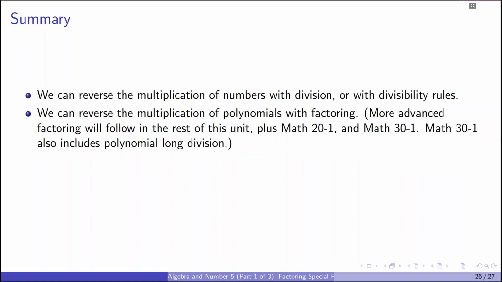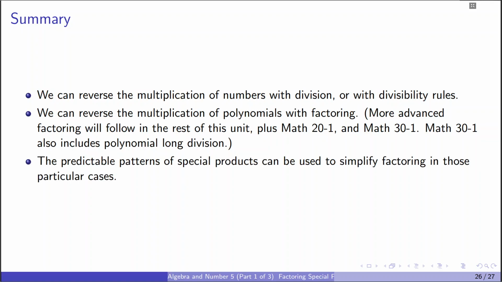For those outside Alberta watching the video, 20-1 is our mainstream grade 11 course, 30-1 is mainstream grade 12. Yes, we have interesting naming conventions and numbering conventions. So the predictable patterns of special products can be used to simplify factoring in those particular cases. If you recognize the pattern, you can then jump to the solution.